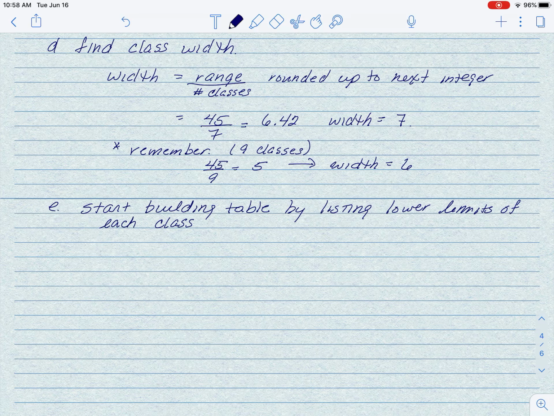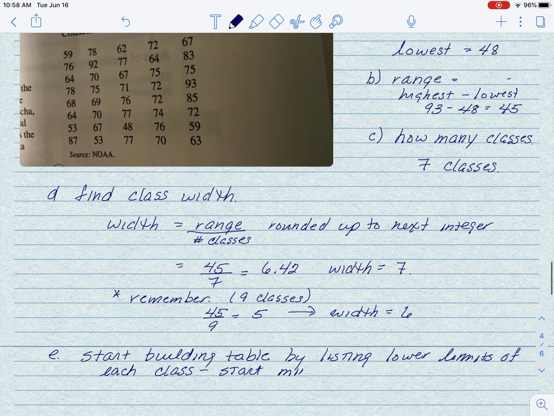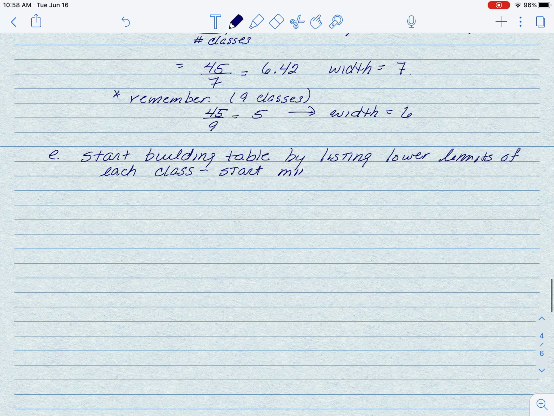Now remember, we only have 7 classes, and we're going to start with the minimum, the lowest data point. So our smallest data point is 48.